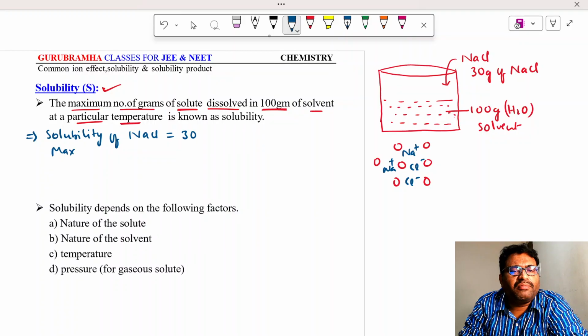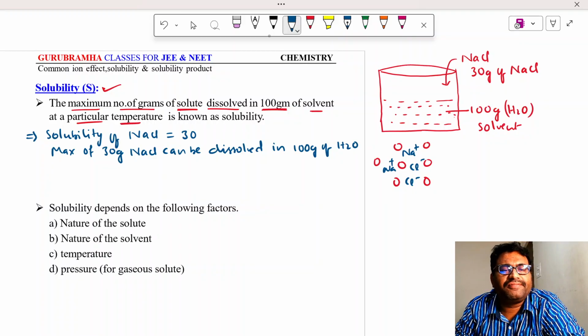Maximum of 30 grams NaCl can be dissolved in 100 grams of water, for example. That means 30 grams of NaCl is present in 100 grams of water, and that is called the solubility of NaCl in water.